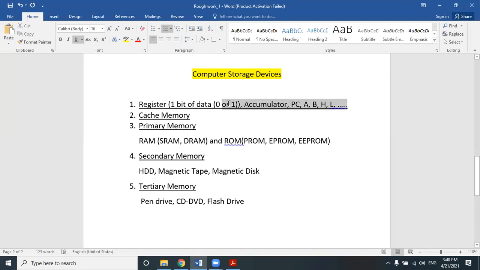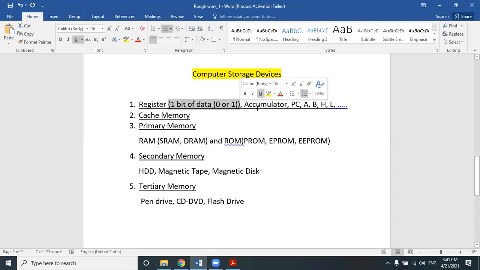So registers are generally divided into two types: general purpose registers and special purpose registers. These A, B, H, L are the general purpose registers, whereas the accumulator and program counter, PC, are the special purpose registers. All the registers have their own task or job to do. But one thing you should remember, registers are one of the fastest devices in the computer memory system, and they can store a maximum of 1 bit of data, and it is the closest memory device towards the processor.